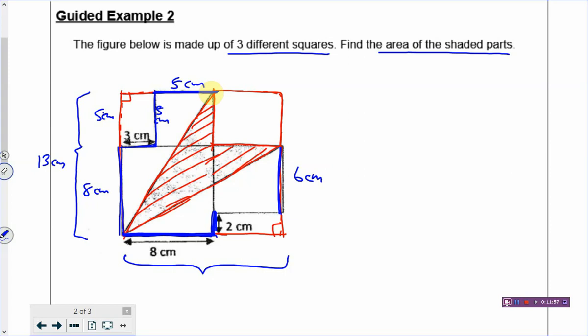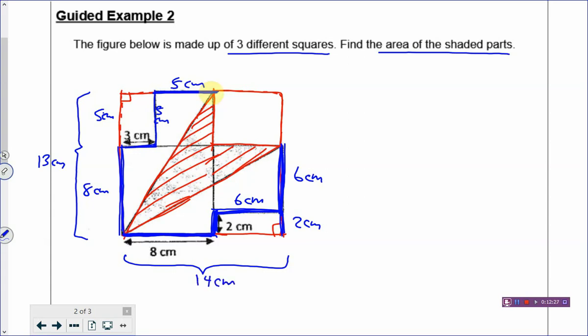Or if this is 2, then here is also 2, and you can see why this is 8 cm, here also 8 cm. Now, if this is 6, then this side must also be 6, because if you look at the original diagram, that is a square.